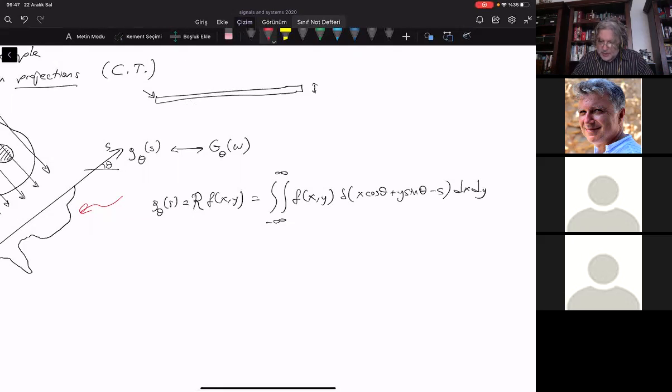First, you must convince yourselves that this actually is a line at theta degrees, or angle theta tilt and shift s.